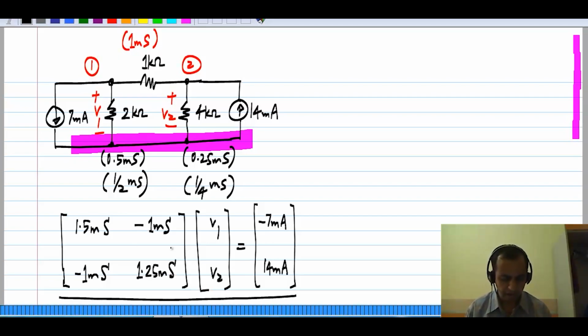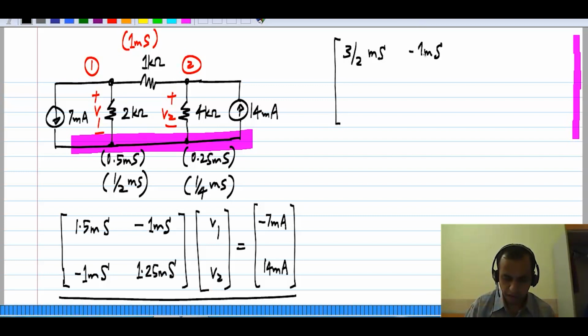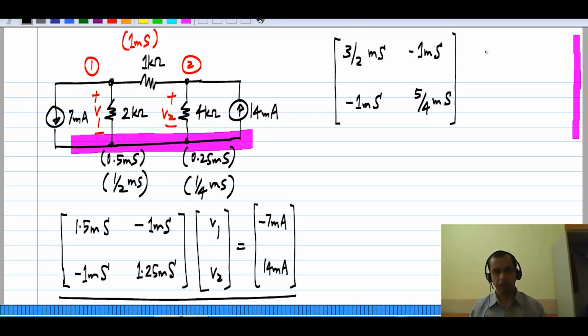Now let me rewrite these fractional entries in a different form so that it's easier to calculate the inverse. This can be written as 3 by 2 millisiemens, minus 1 millisiemens, minus 1 millisiemens, and plus 5 by 4 millisiemens. This is not strictly necessary. Okay, you can of course work with decimal numbers, but here I am trying to do it without having to use calculators and so on.